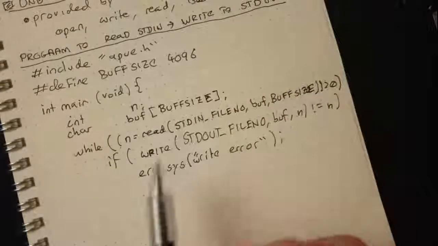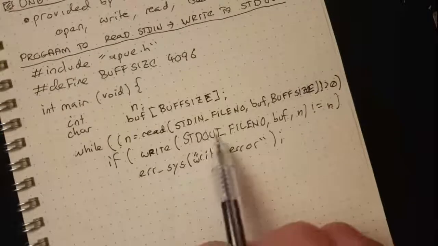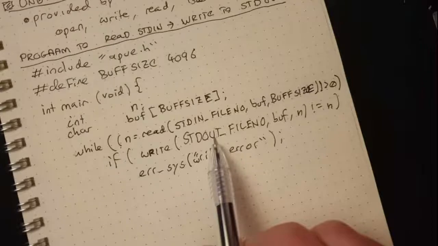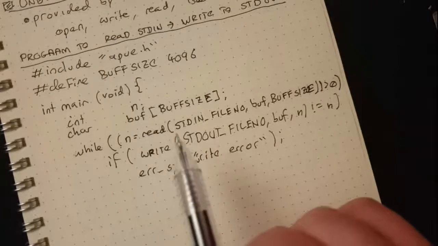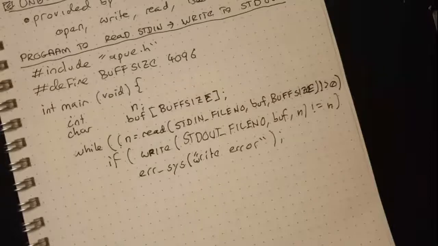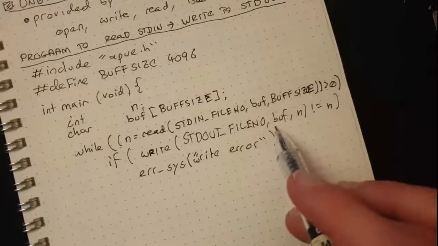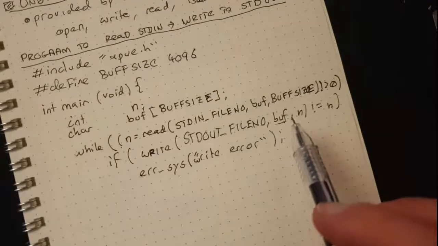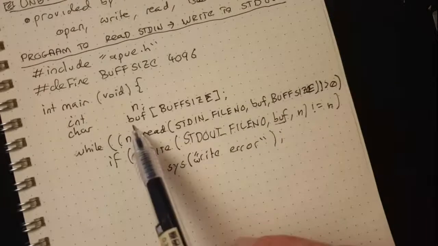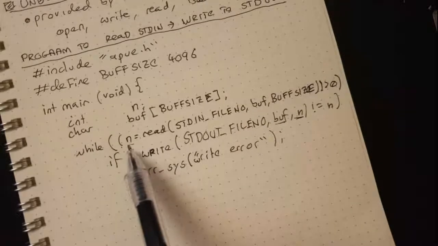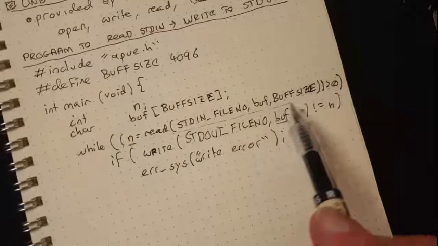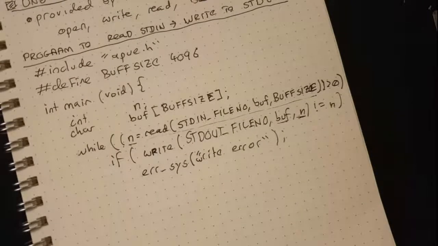So it writes to the standard output, which in this case depends on what we decide it to be. By default, it would be the terminal. It outputs buf, which is given here, and n, which is the length of the standard input that we read earlier and saved.